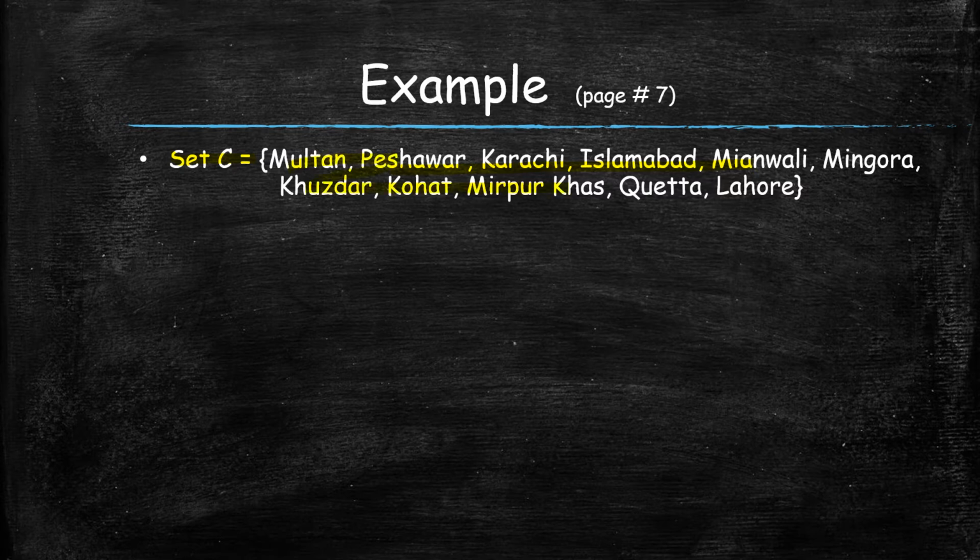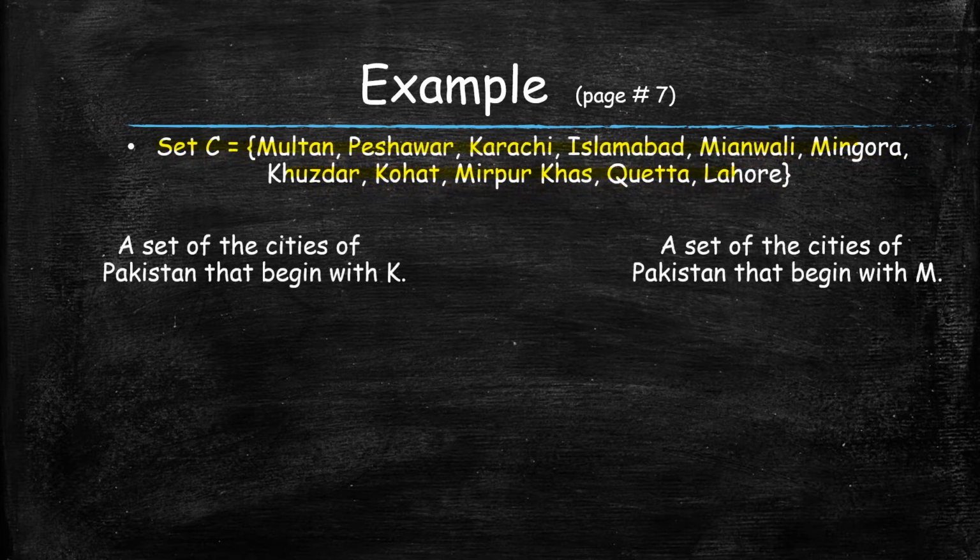Now we will make two Venn diagrams from this set. On these two sets we'll make Venn diagrams: the set of cities of Pakistan that begin with K and the set of cities of Pakistan that begin with M. So first let's do this one.